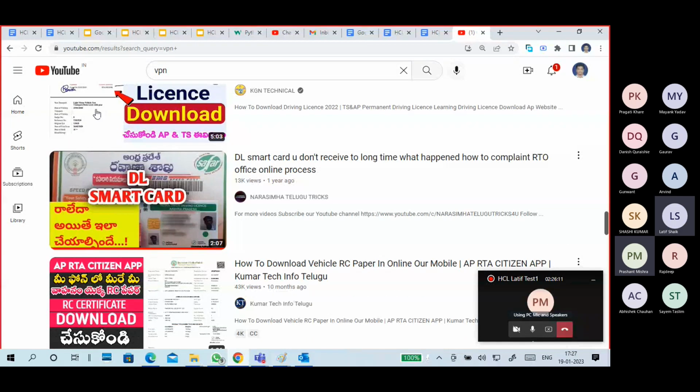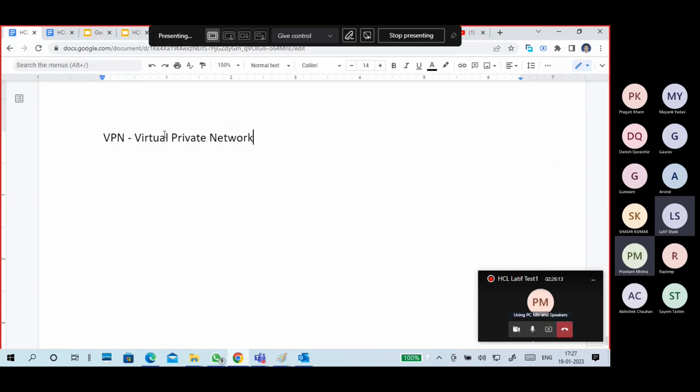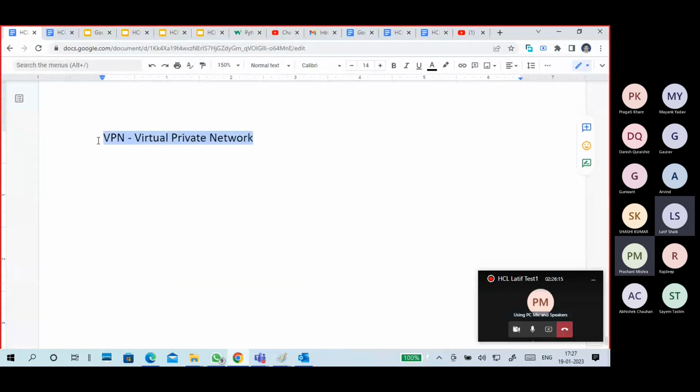Okay, that's the point. So it is a virtual private network, and I will come to the VPN after I tell you about leased lines. Without knowing what a leased line is, VPN is not okay.